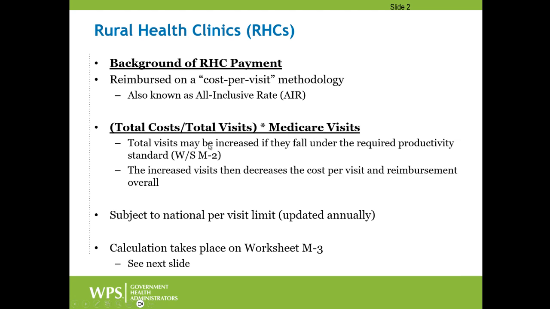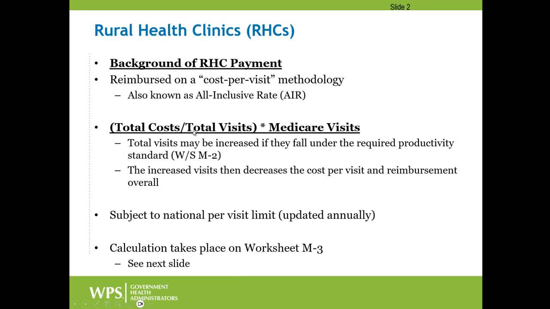Now, one thing to note here, there is another separate mechanism called the productivity standard. That's found on worksheet M-2, which we'll see in a little bit. The way this works is that for the number of FTEs the RHC has, if they don't hit a certain required number of minimum visits, then their total visit count is bumped up to that floor.